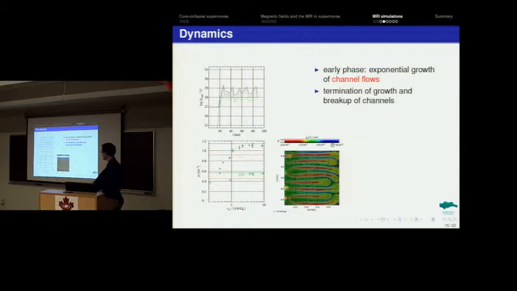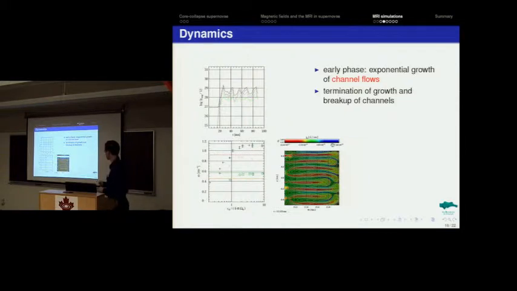And this is a 2D plot showing how those models look. What's plotted is the current density, and you can see those pairs of upflows and downflows with very strong currents. Those are the so-called channel flows of MRI, which are characteristic.